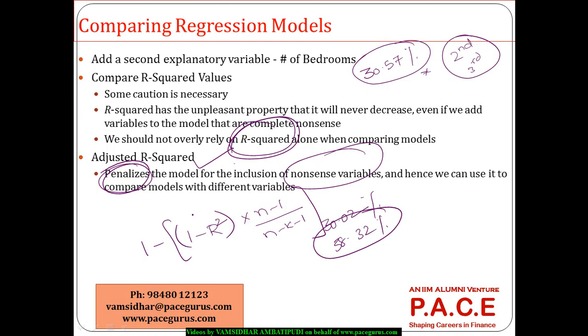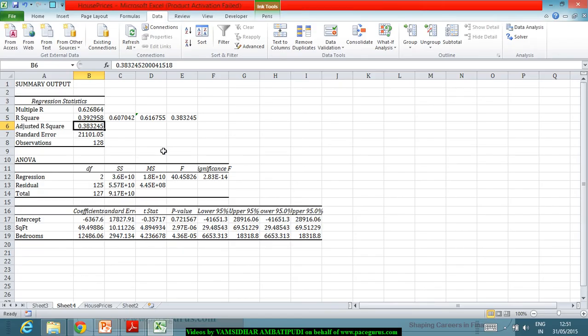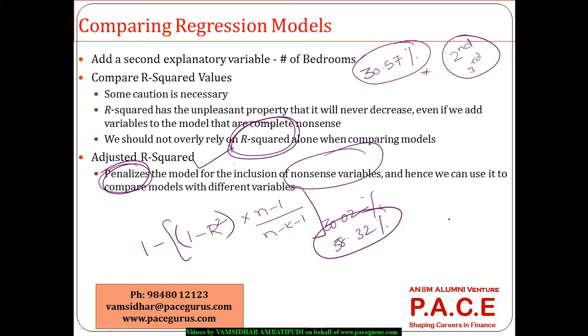It's just a manual manipulation, and what we see is that this value can be lesser. So if with two variables I get 30.32%, there is a possibility that with three variables it can come to 30.15%. This is what I mean by penalizing.